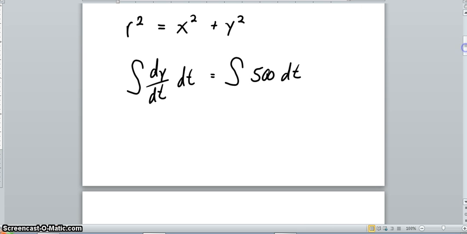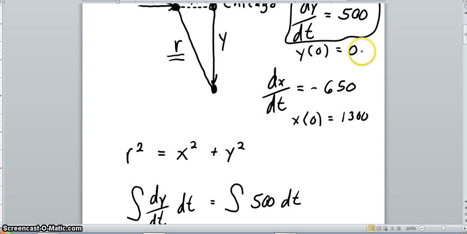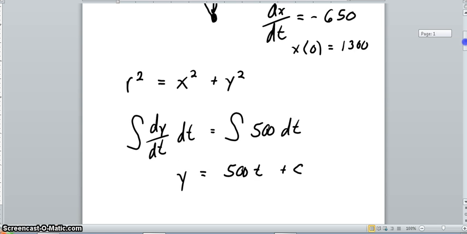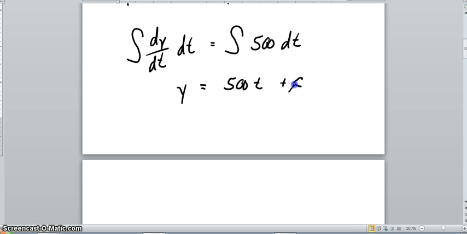That'll give us y equals 500t plus c, and this c being the initial value of y, we know that has to be 0, because at time 0 the distance was 0. So there's our expression for y in terms of time.